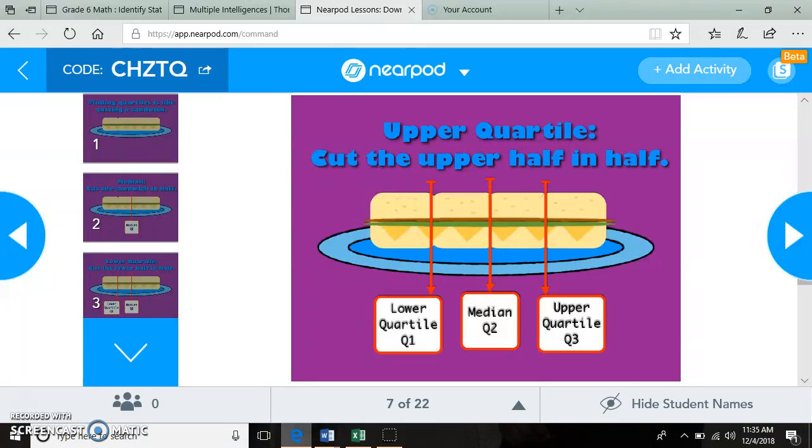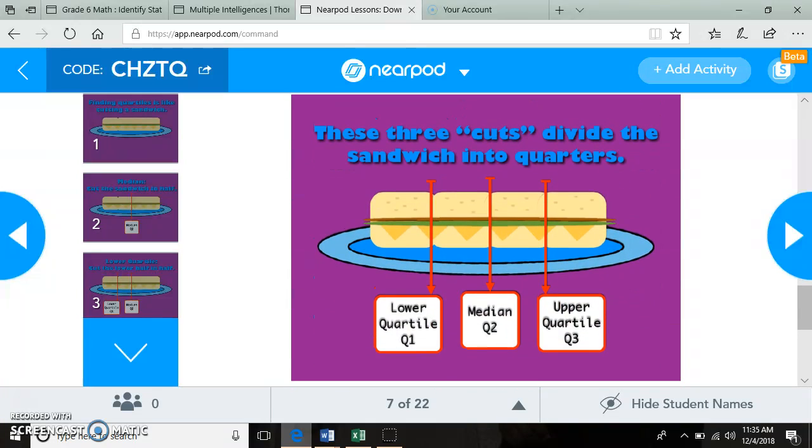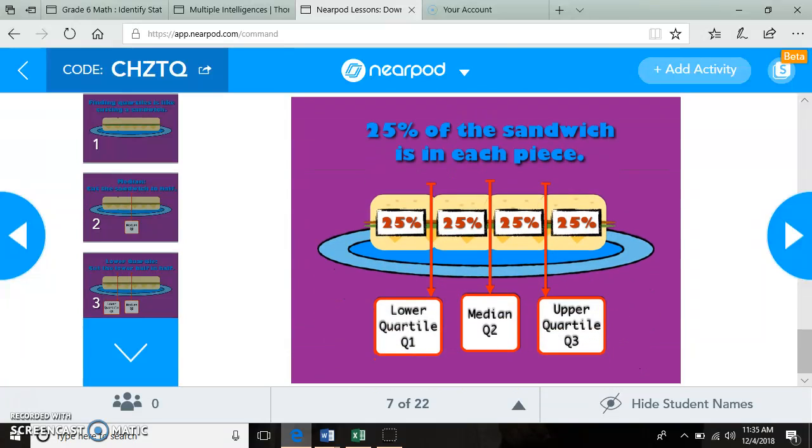So we have to find the median of the upper half. And these 3 cuts divide the sandwich into quarters. And as you can see, each quarter is 25%, which makes one full sandwich.